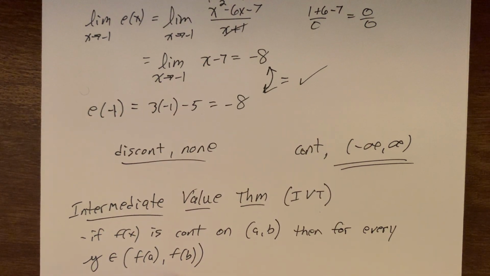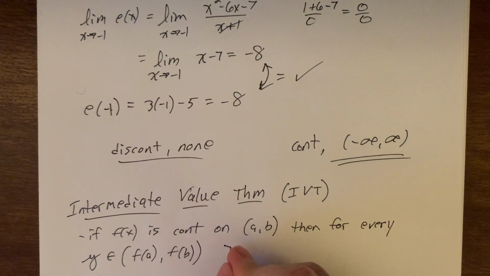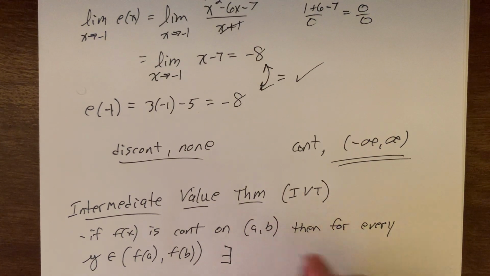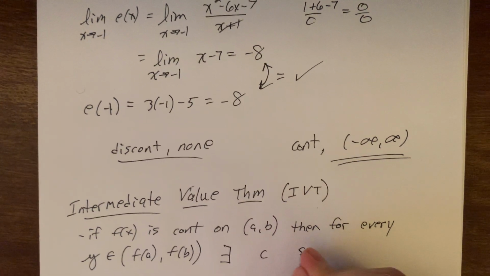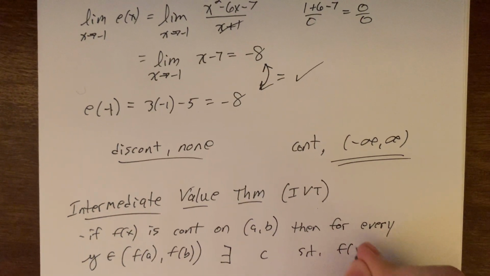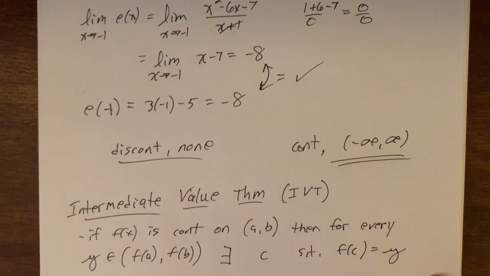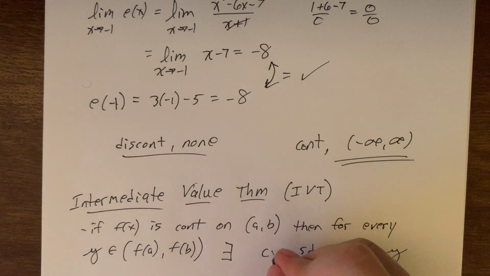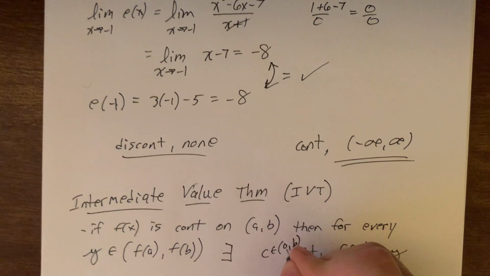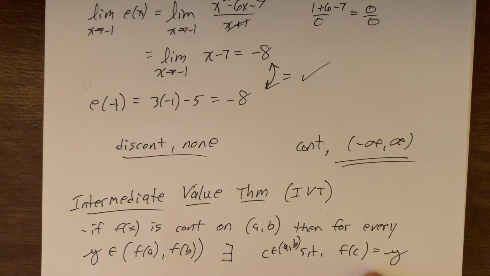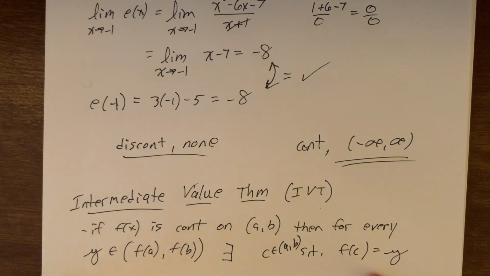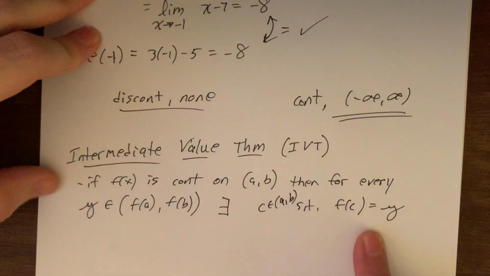I'll draw a graph in just a second. This is not quite perfect. There exists a c value such that f of c equals y, a c value element of a to b. A very messy, ugly looking statement, but let's see what we're talking about here.